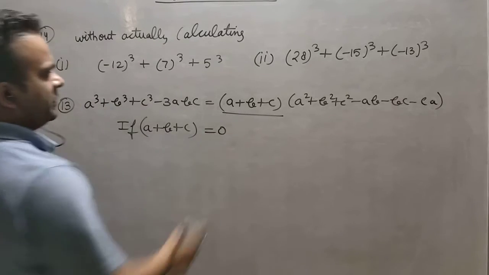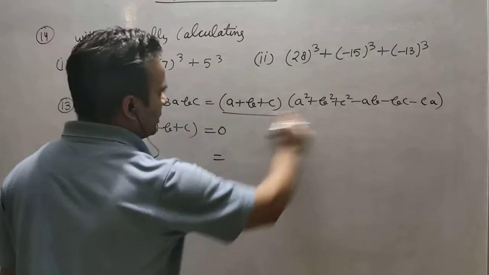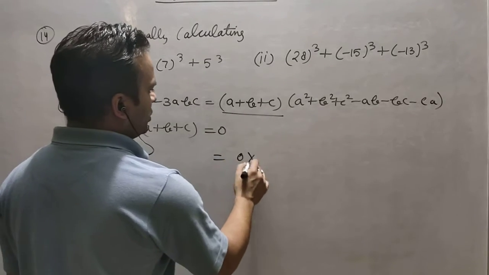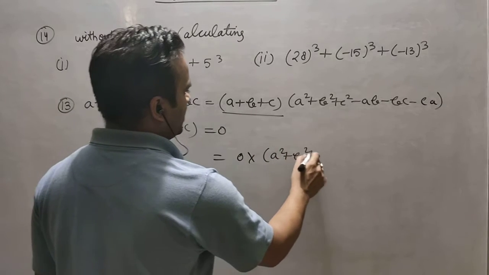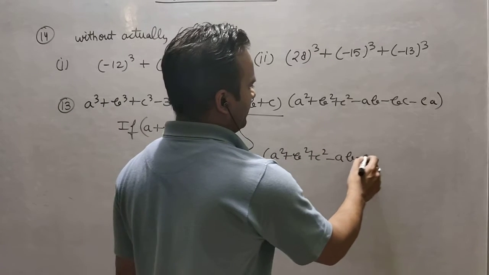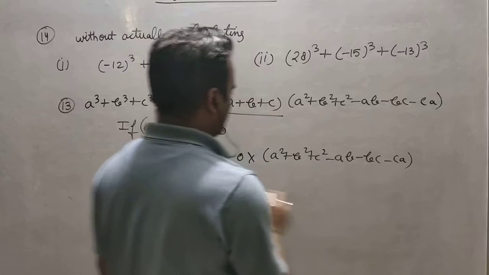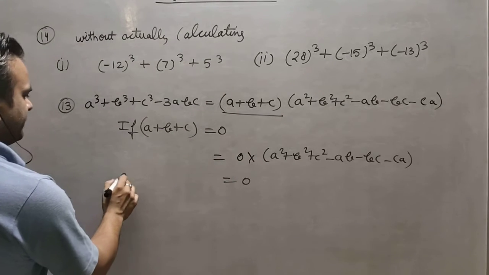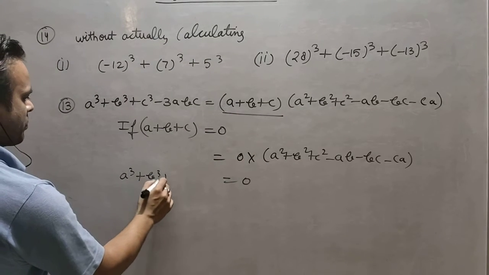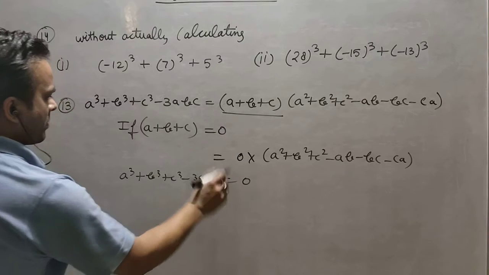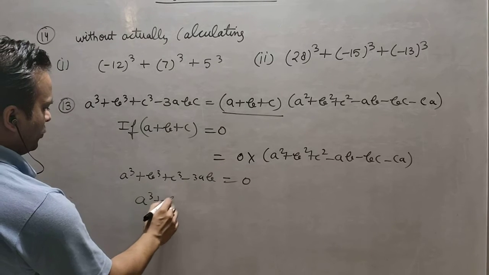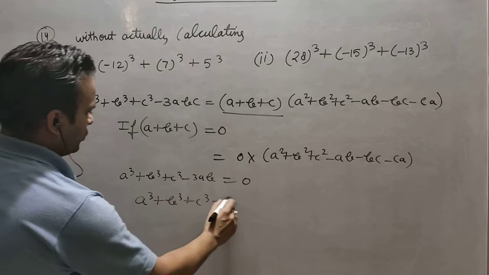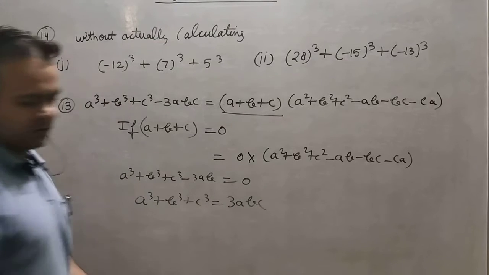So if a plus b plus c is 0, then this total right hand side will be 0. So what is left here? It is a cube plus b cube plus c cube is equal to 3abc.